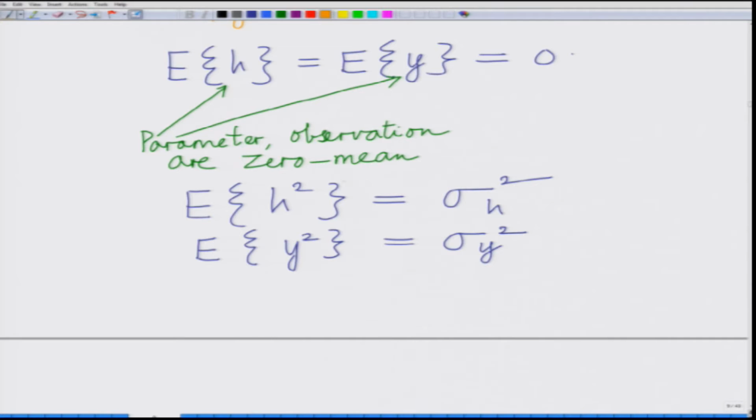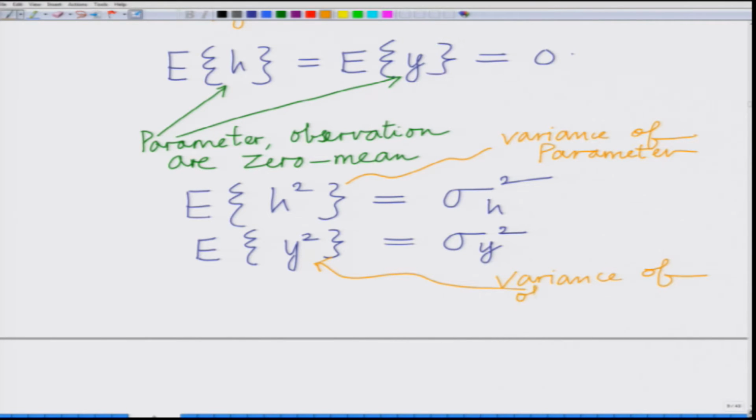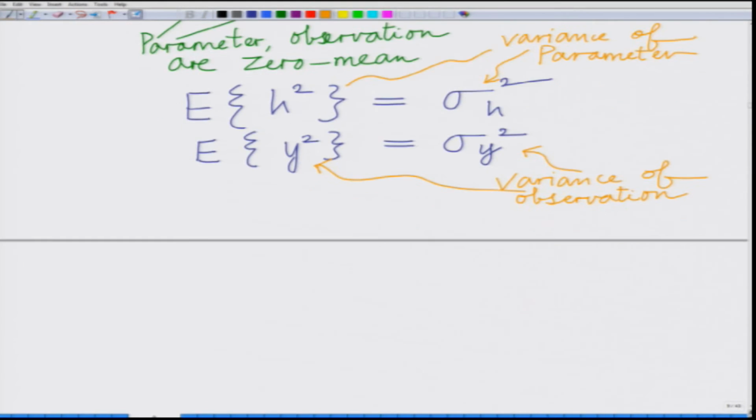So let us write this down. This is the variance of the parameter, and this is the variance of the observation y.